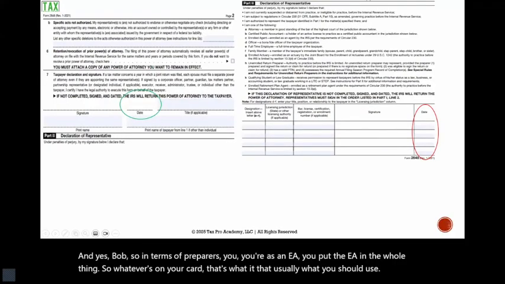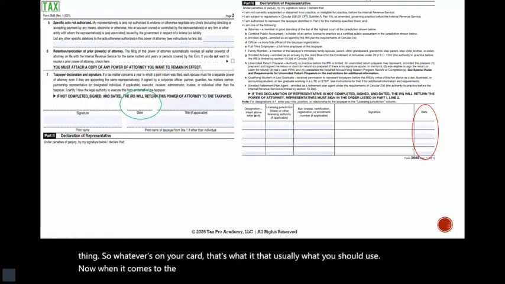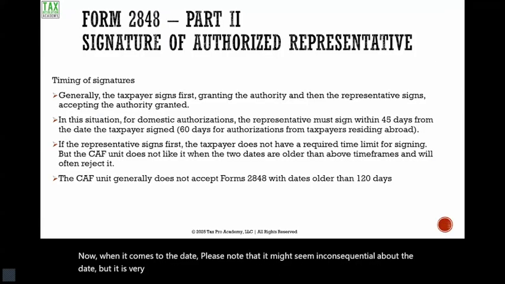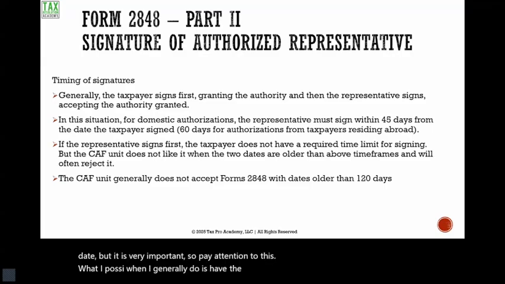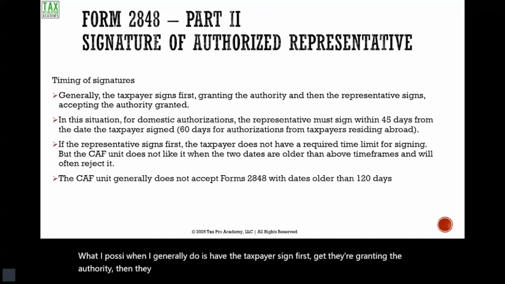Now, when it comes to the date, please note that it might seem inconsequential, but it is very important. So pay attention to this. What I generally do is have the taxpayer sign first. They're granting the authority, then I sign it.